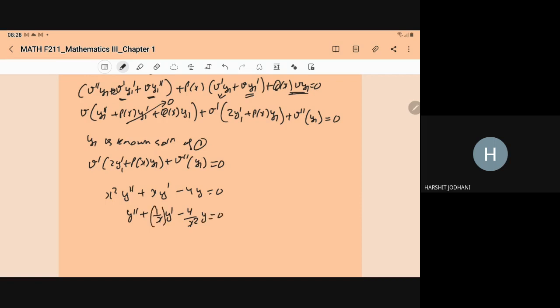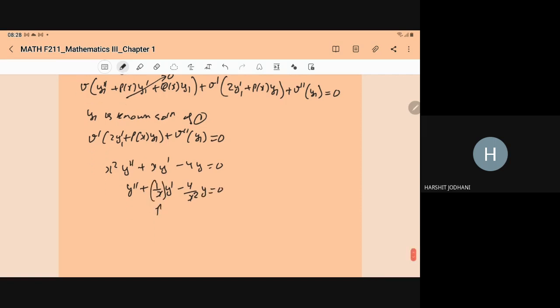It means this is the function p(x), and this is the function q(x). So here we can say that it is a linear equation.